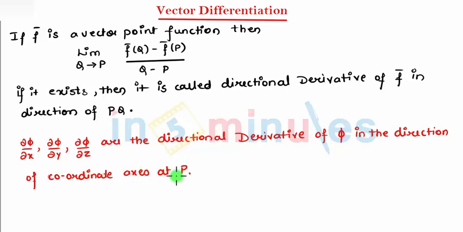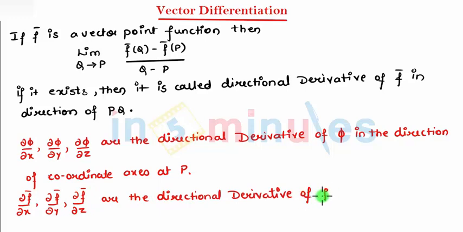In a similar way, dou f bar by dou x, dou f bar by dou y and dou f bar by dou z are also said to be directional derivatives of f bar.